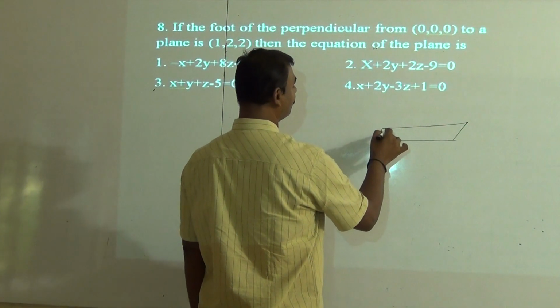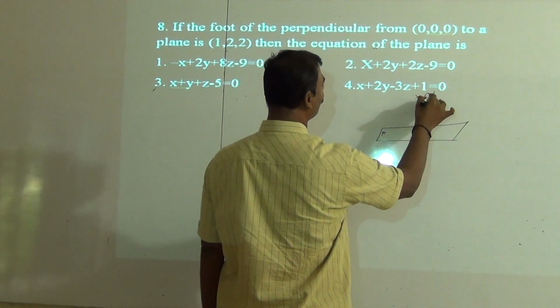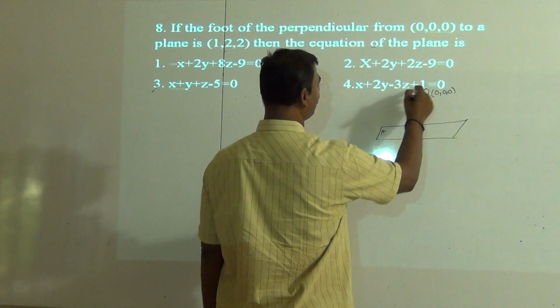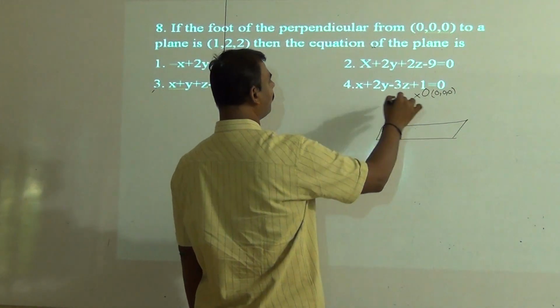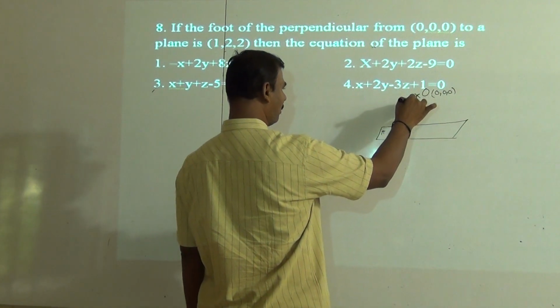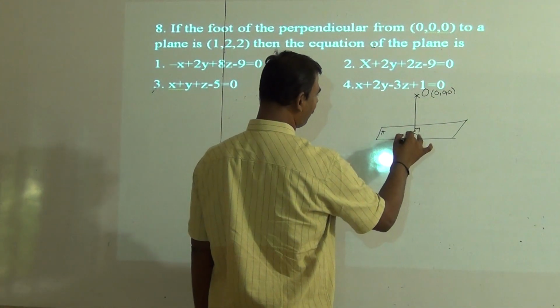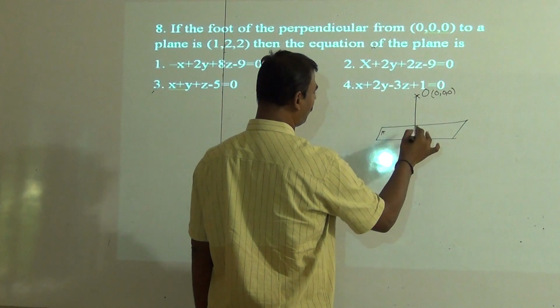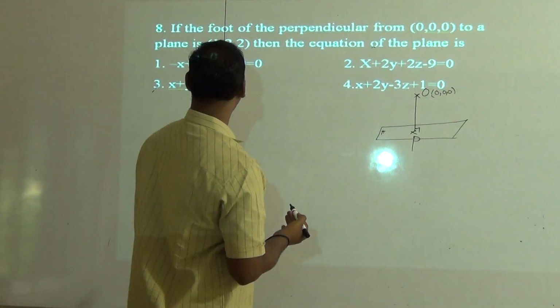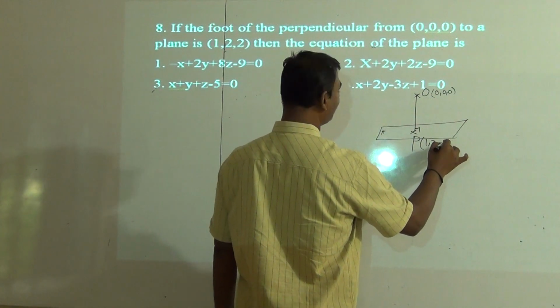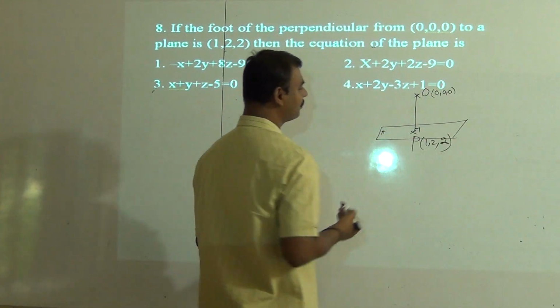This is the plane. Let O be the origin. From the origin, I have to draw the perpendicular to the plane. This is the perpendicular. It meets the plane at some point P. The point is 1, 2, 2.